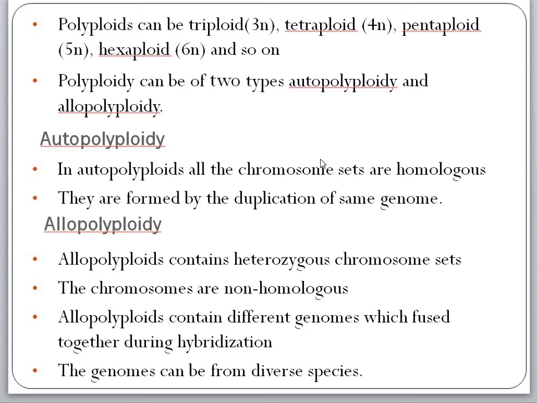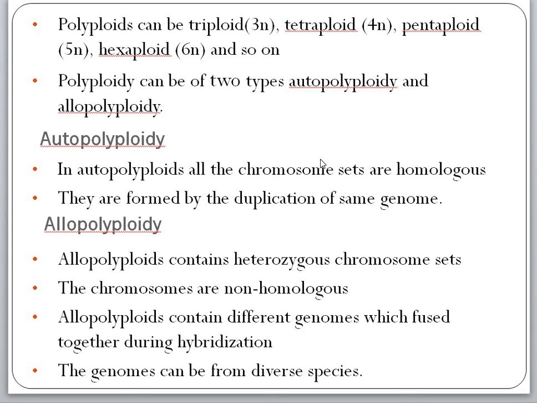Autopolyploidy is the condition where all the duplicated chromosome sets are homologous. Hence, autopolyploids are formed by the duplication of the same genome. The second type of polyploidy is called allopolyploidy.